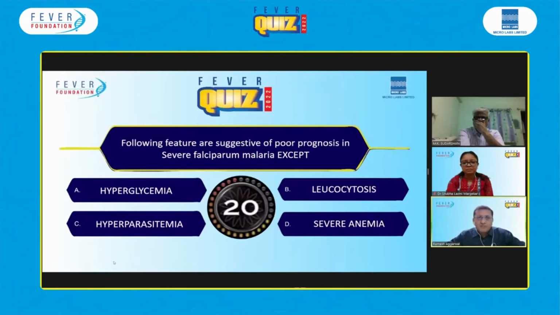So the next question is that following features are suggestive of poor prognosis in severe falciparum malaria, except: is it hyperglycemia? Is it leukocytosis? Choice C, is it hyperparasitemia? Choice D, is it severe anemia?